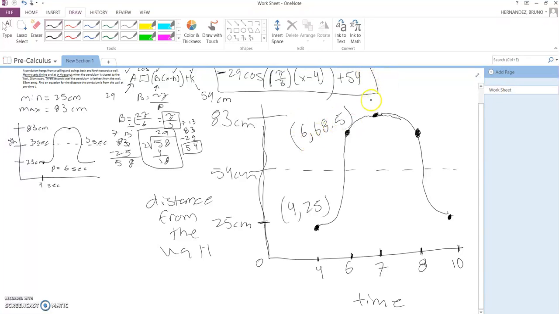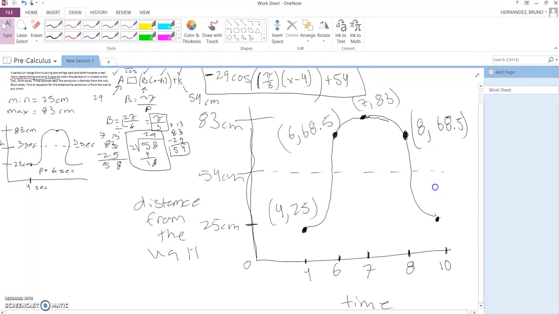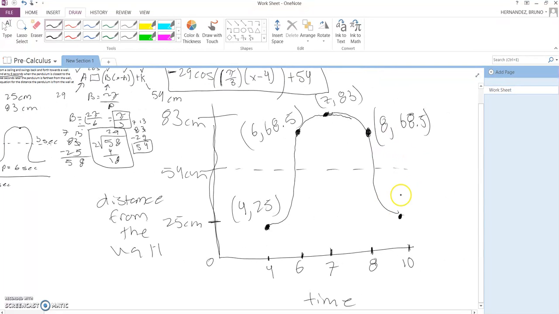Our max would be 7, 83. Our fourth point could be 8, 68.5. And our last point could be 10, 25. So now we have demonstrated 5 different points.